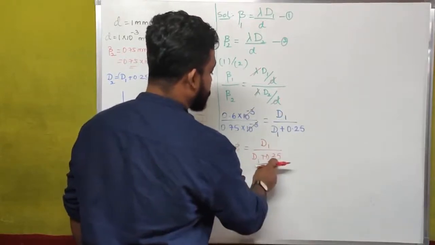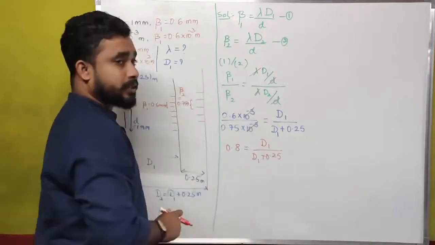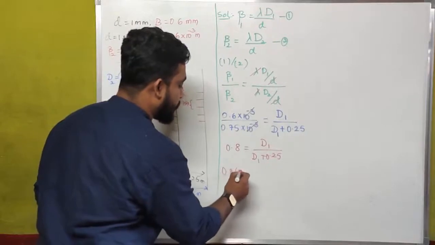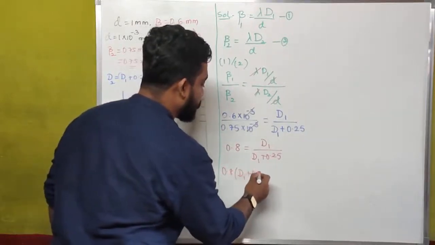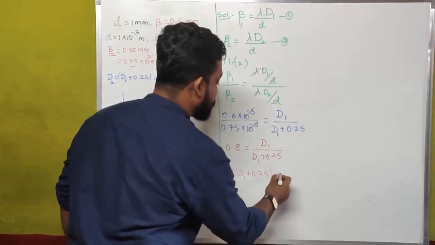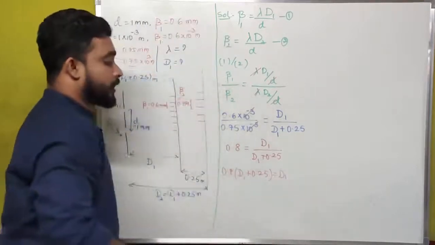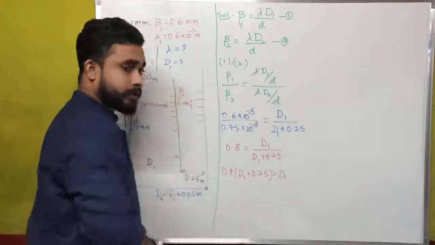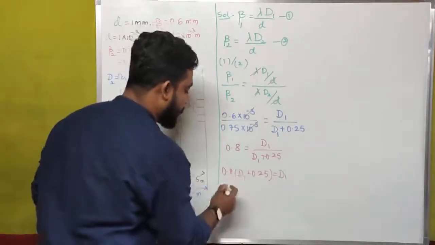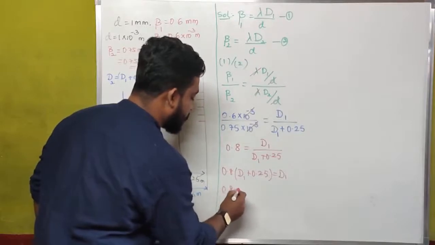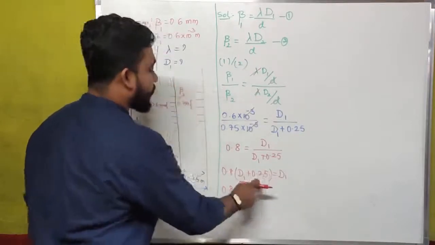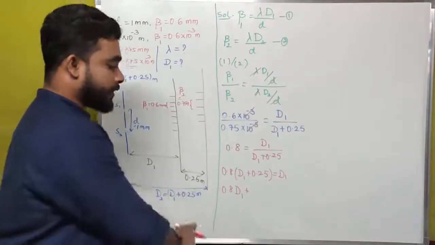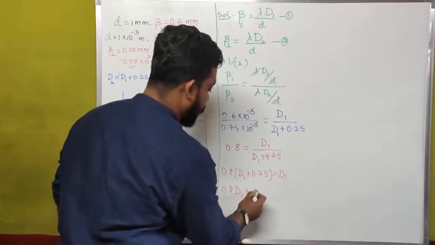If we send this D1 plus 0.25 to the other side of the equation, it is going to multiply with 0.8. 0.8 into D1 plus 0.25 is equal to D1. If we multiply 0.8 to the two terms of the bracket, we will get 0.8 into D1 plus 0.8 into 0.25. 0.8 into 0.25 is equal to 0.2.